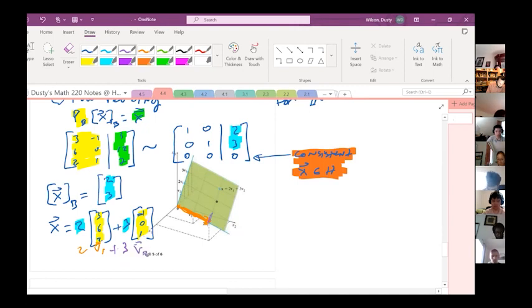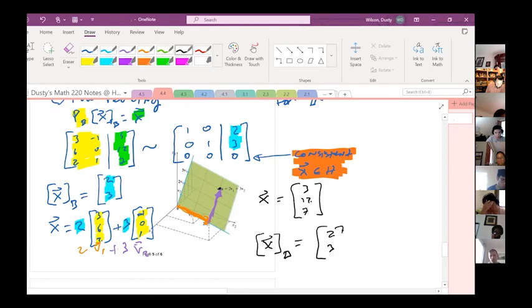So 1, 2, 3. So here's that point X. And this point X has coordinates 3, 12, 7. It has B coordinates equal to 2, 3. Nice.